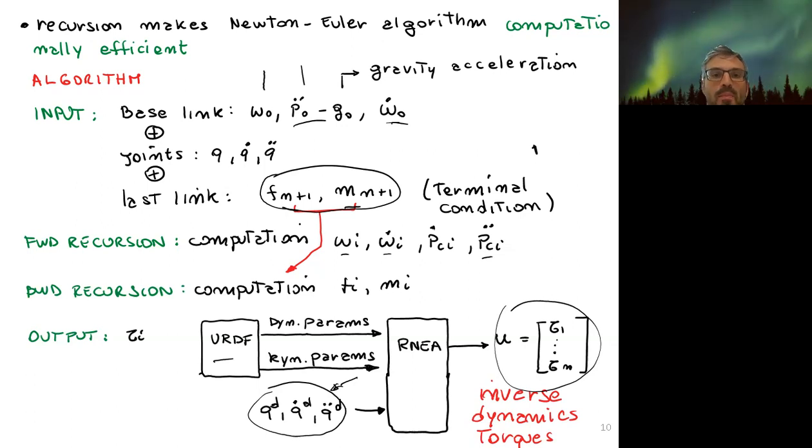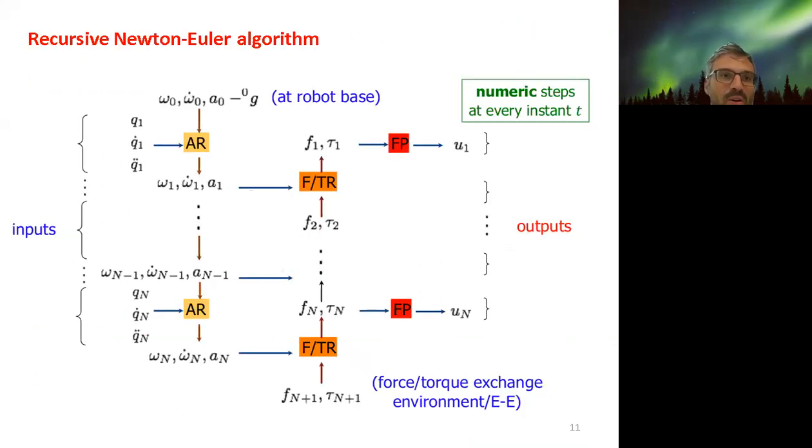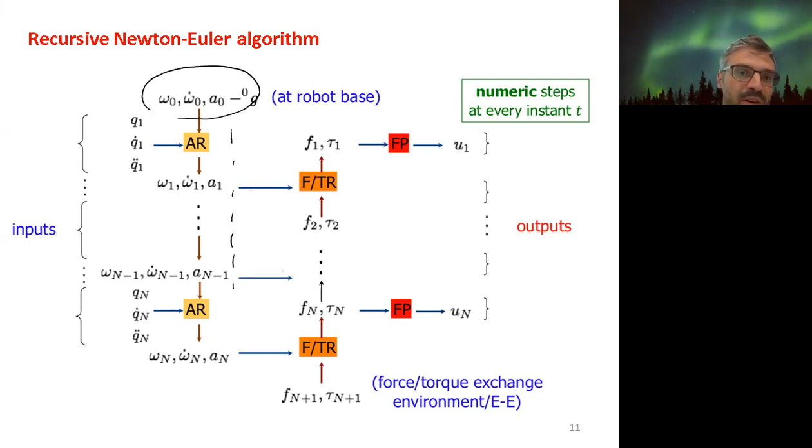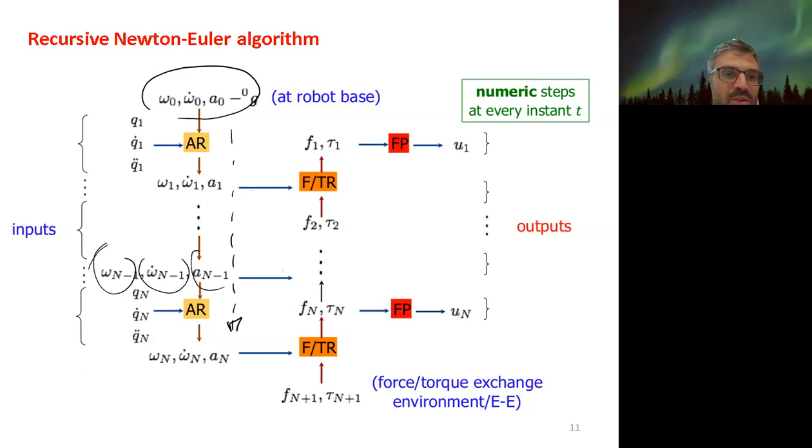And this is the main application of the Newton-Euler algorithm. To summarize what we said, we have the forward recursion of the acceleration for all the joints, which computes the angular velocity, angular acceleration, and linear acceleration for all the links, and then goes back with the backward pass, propagating the forces and moments.